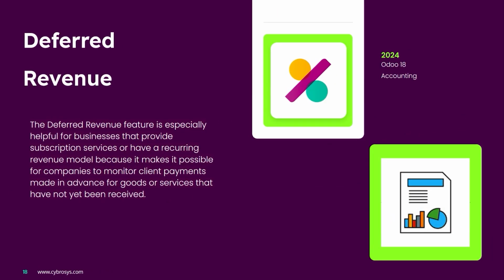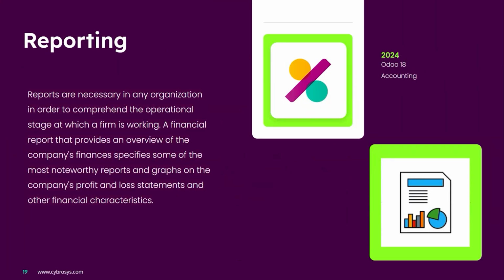Next one is deferred revenue. The deferred revenue feature is especially helpful for businesses that provide subscription services or have a recurring revenue model because it makes it possible for companies to monitor client payments made in advance for goods or services that have not yet been received. The last one is reporting.